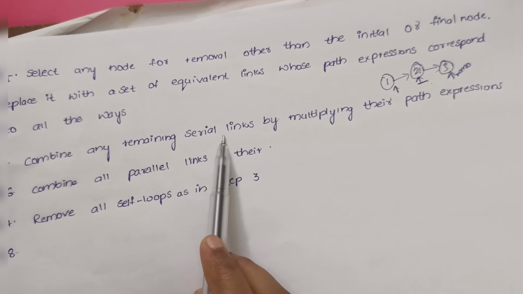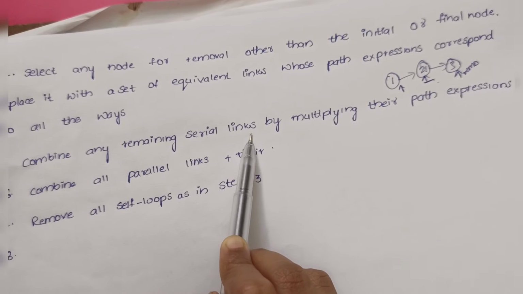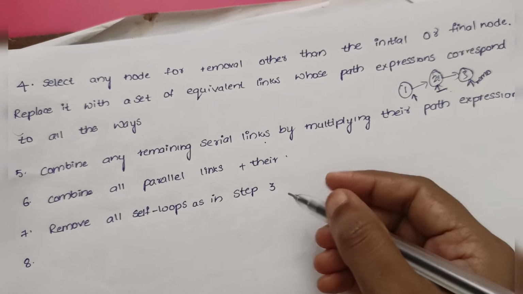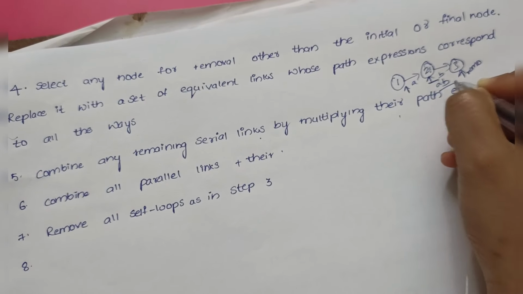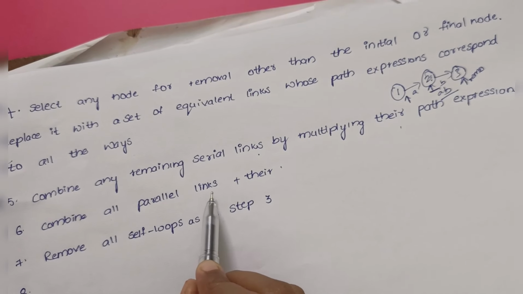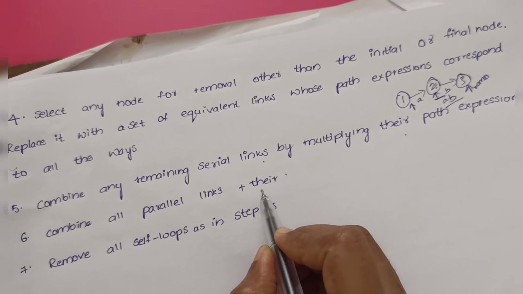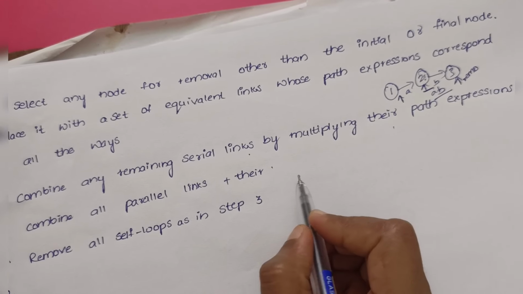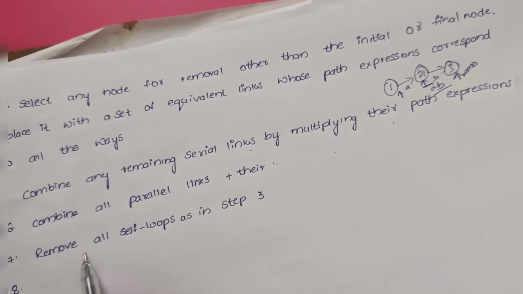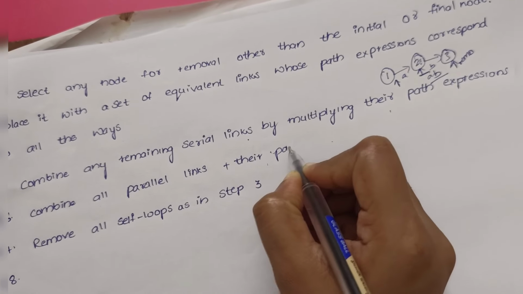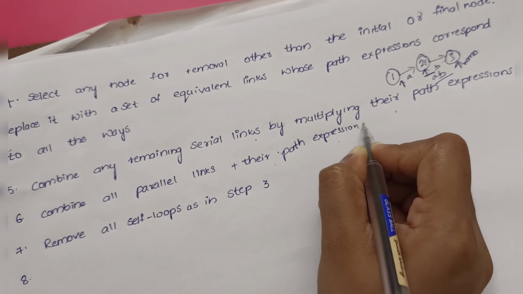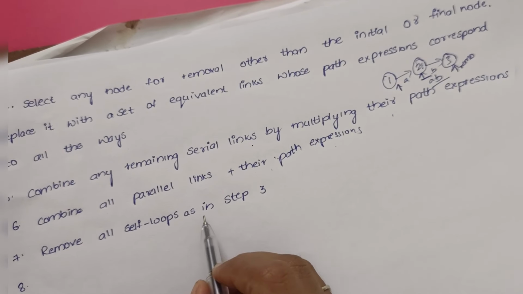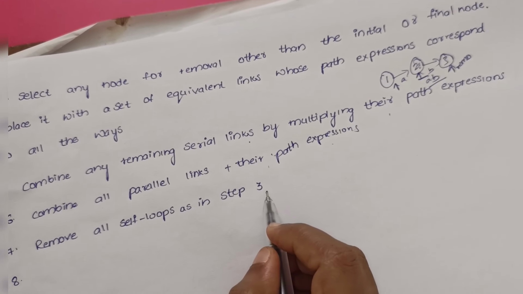Step 5: combine any serial links by multiplying their path expressions, and previously I told you A, B combined. Step 6: combine all parallel links by adding their path expressions. Step 7: remove all self loops as in step 3.